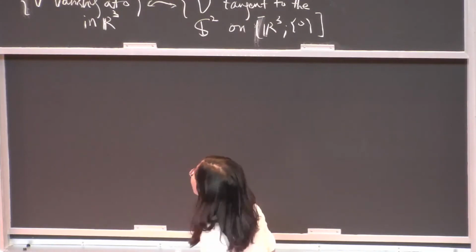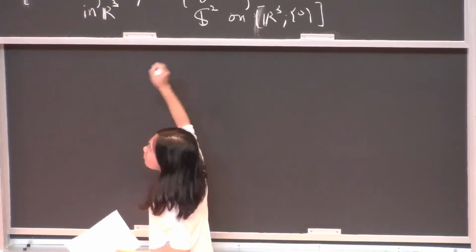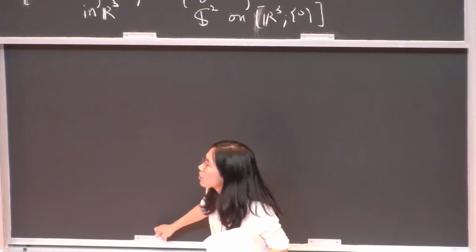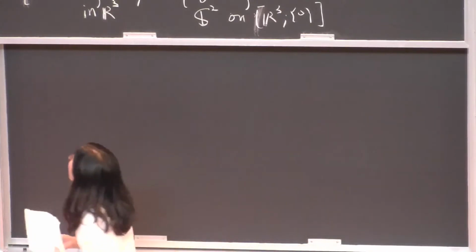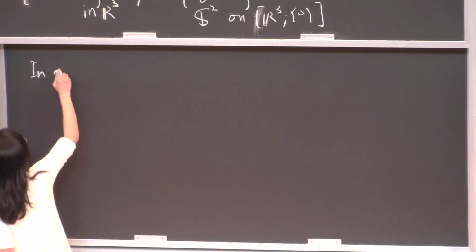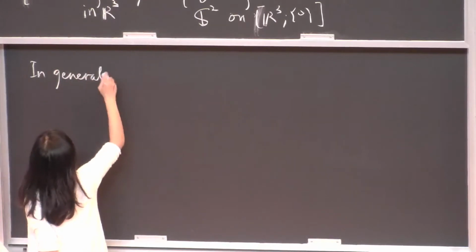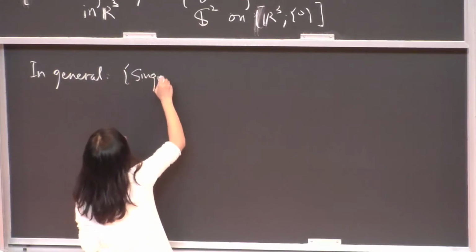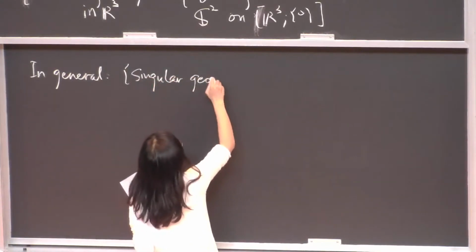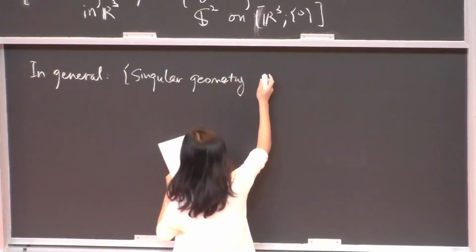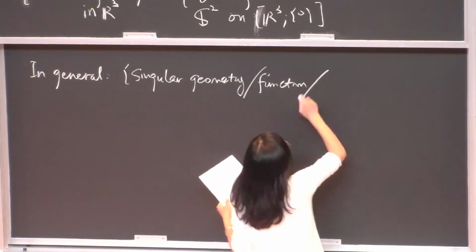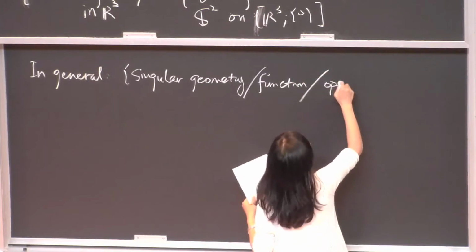All right. So this is my example 0 that hopefully gives you some idea of what blow-ups are doing in general. So in general, what we have is some singular geometry or a singular metric or a singular function, singular operators.